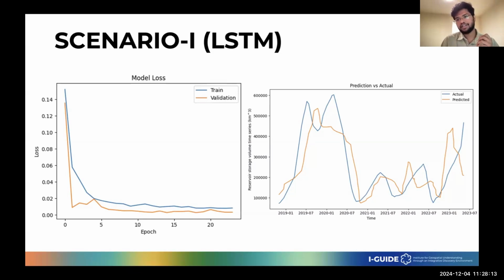On the right-hand side, we have the predicted versus actual reservoir storage volume time series. You can see that, compared to the random forest based predictions, this looks different, and it looks lagged, where the predicted is lagged from the actual observations.